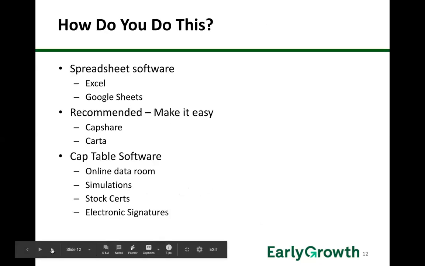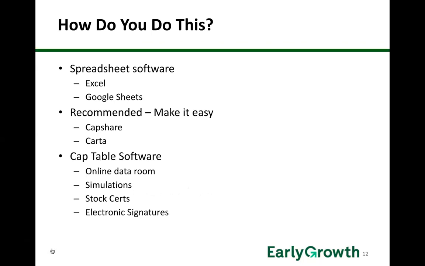Now, how do you do all this? In a sense, the cap table itself is like the top level document for all the supporting documentation in detail. In the past, companies relied on Excel spreadsheets to maintain a lot of this. And it was very complex, very difficult.